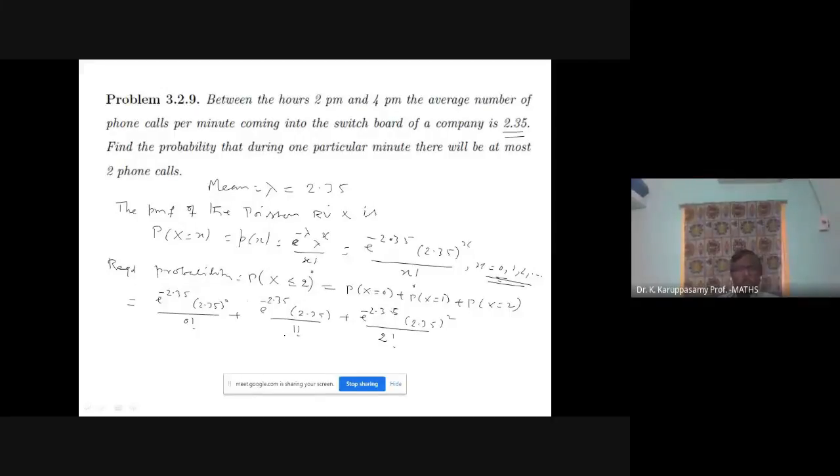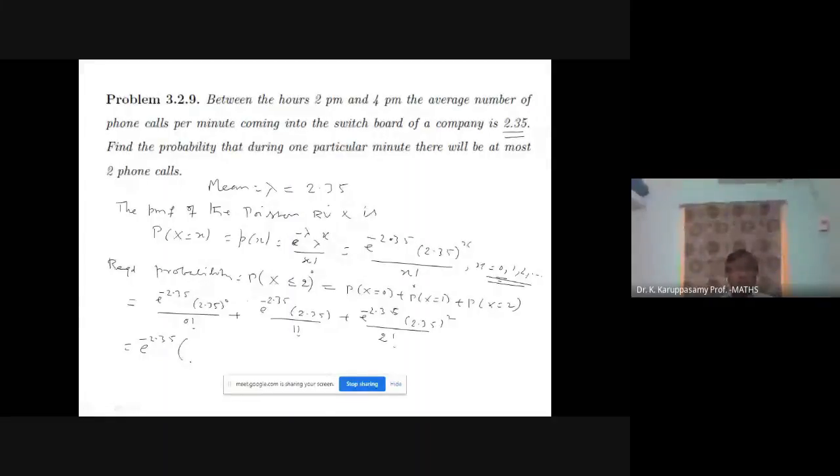Let us simplify, then we will use the calculator. As far as possible, always take common factors outside. If you have any doubt in simplification, you are free to ask. E power minus 2.35 appears everywhere, so take that term outside.